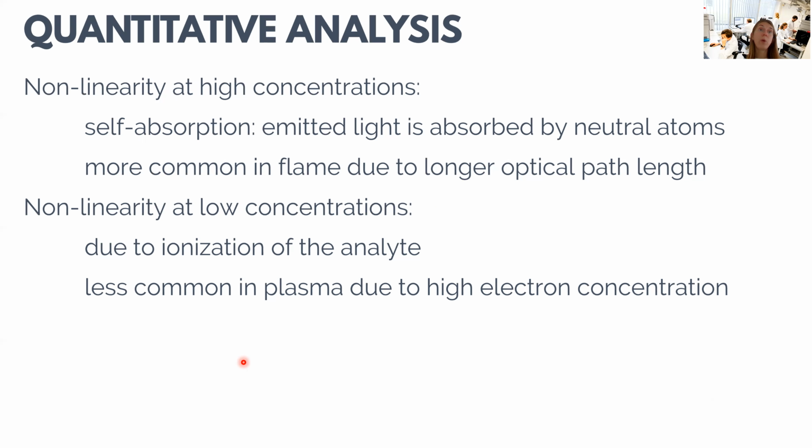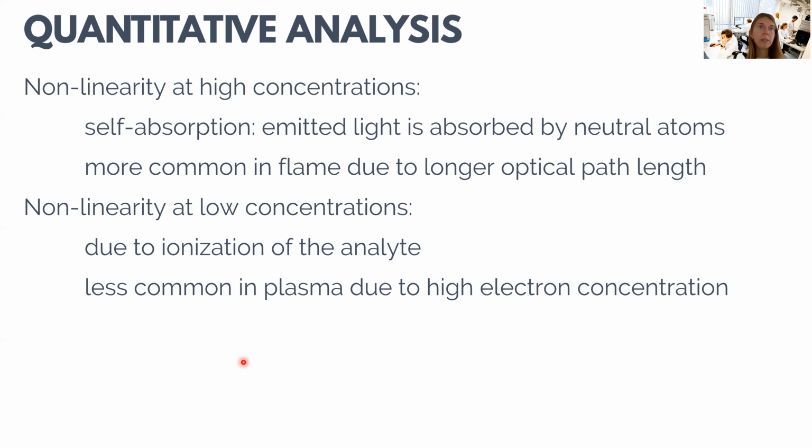And this is especially problematic in flames because flames have longer optical path lengths compared to, for example, plasma. Another problem is non-linearity at lower concentrations, and this can occur due to the ionization of the analyte.